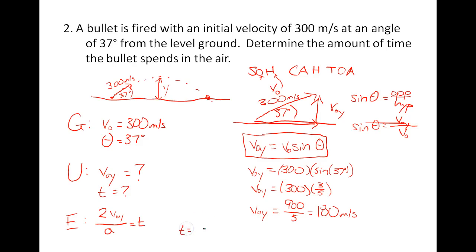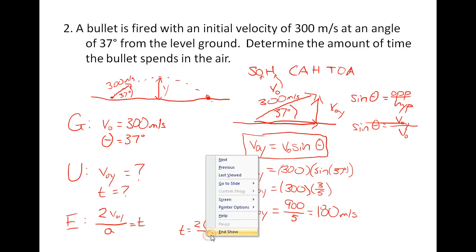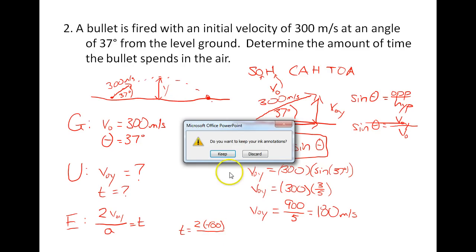So time is 2 times our change in velocity, or 2 times the initial vertical velocity, I should say. 2 times 180 divided by our acceleration, which was 10. And this really would end up being a negative 180, and this would end up being a negative, hold on one second.